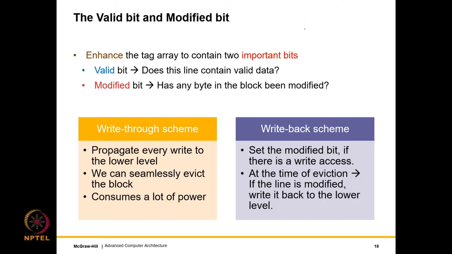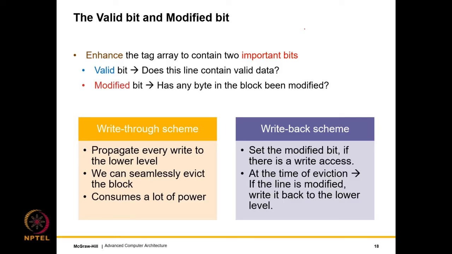Along with the tag in the tag array, we have 2 additional bits: the valid bit and the modified bit. The valid bit indicates if the line contains valid data or not, in a sense whether it is empty or full. This is the job of the valid bit. The modified bit, on the other hand, says whether, after the block has come into the cache, any byte of the block has been modified.